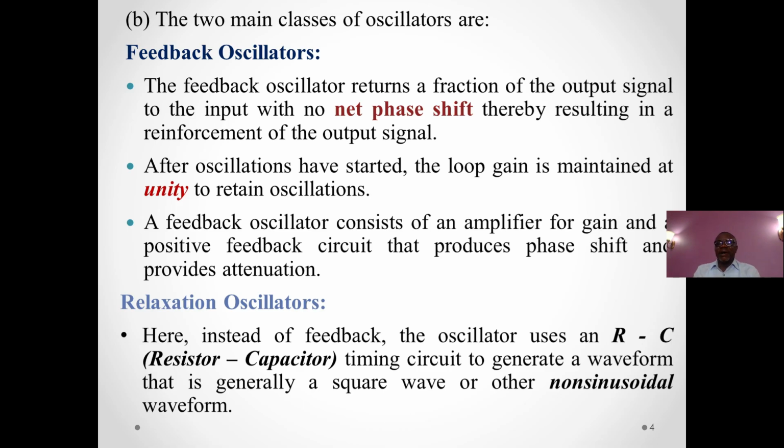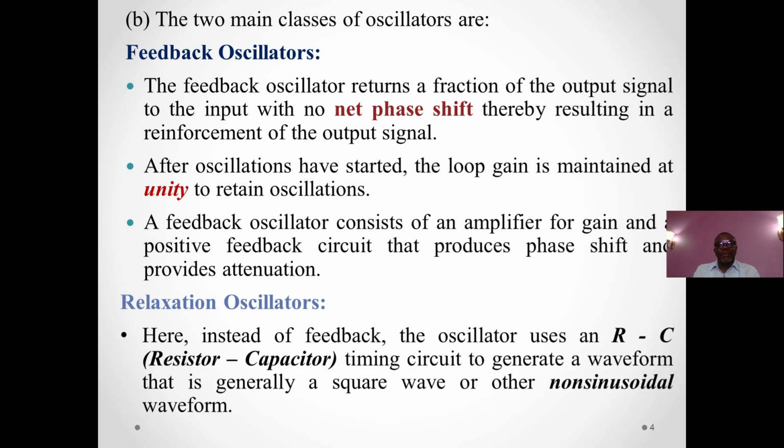When this signal is being amplified, then the gain of this amplifier must provide some attenuation to maintain subsequent outputs that are ordinarily supposed to be amplified by the amplifier to remain constant.